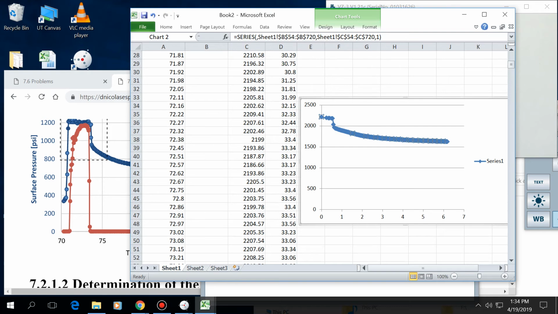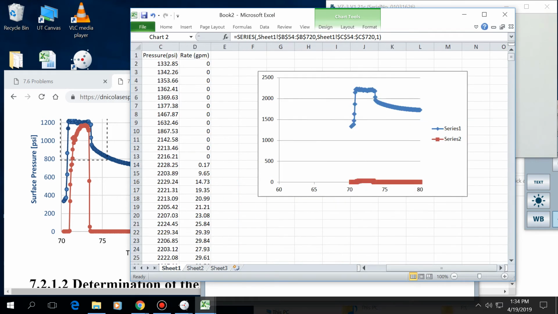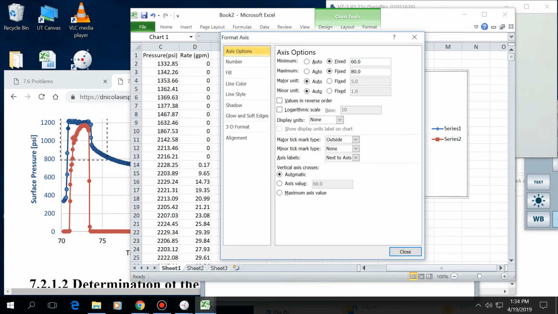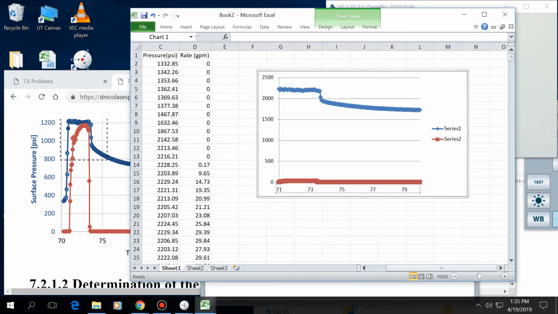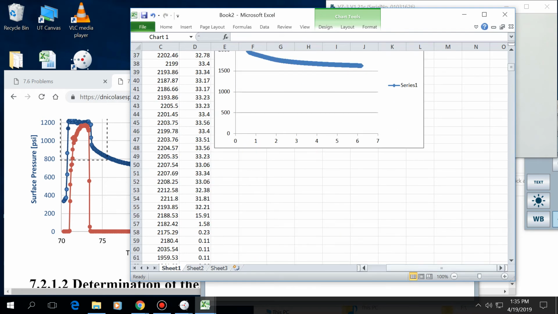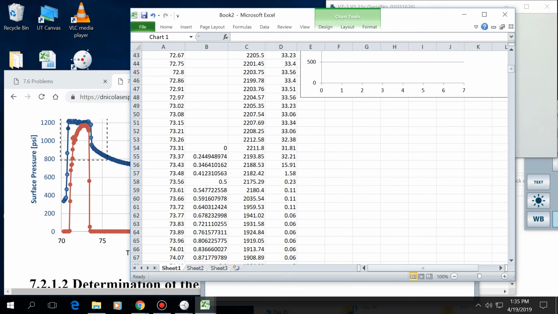So you all got 73? 73.26. Well, you see, I put the mouse here, it tells me 73.66. Okay? So let's try with that one. I'm going to have to move it.